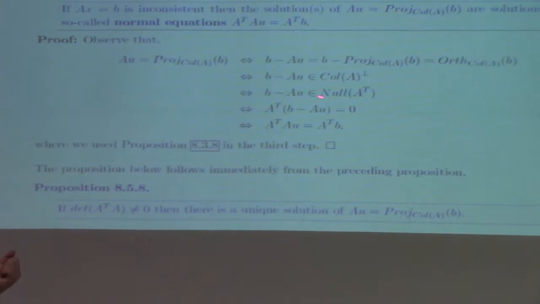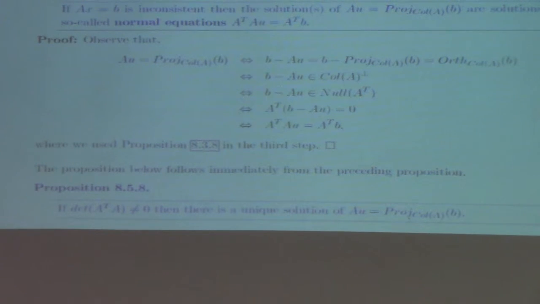So B minus AU is in the null space of A transpose, which is to say that A transpose times this is equal to 0, which is to say that A transpose AU is equal to A transpose B. Normal equations, no Gram-Schmidt, just a plain old garden variety system to solve. Not the system you're given originally, but a related system.